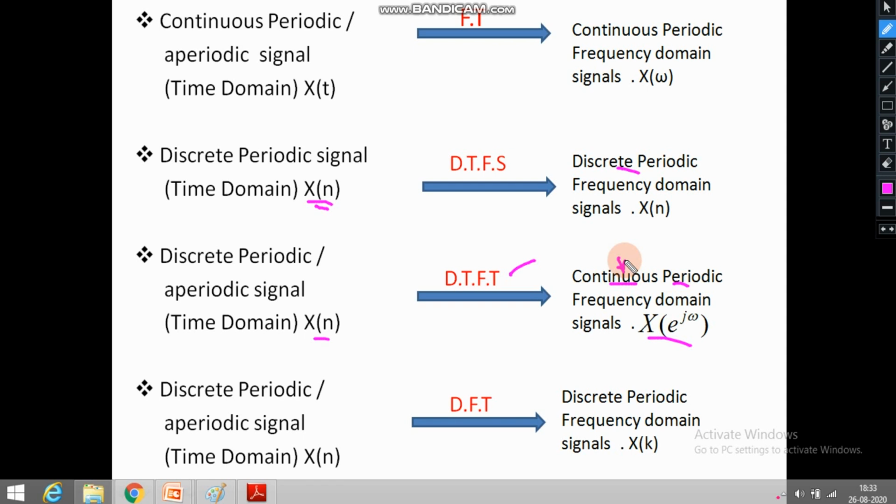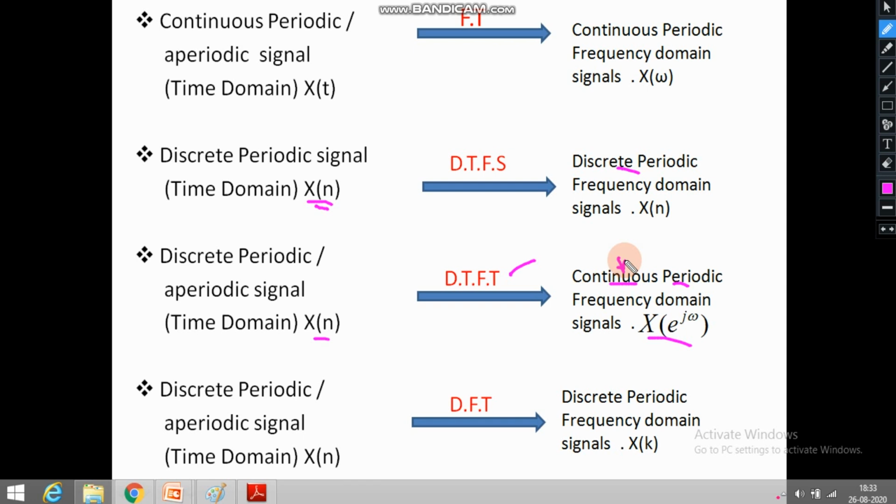So for further processing, we again have to convert this continuous periodic frequency domain signal to digital form by using an analog to digital converter, which adds more burden and complexity to our digital signal processing hardware, so the cost also increases.